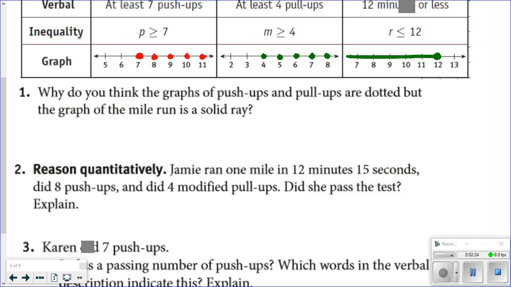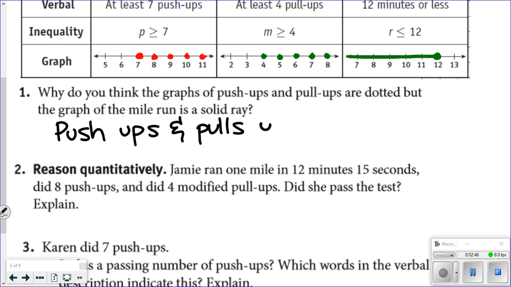So why do you think the graphs of push-ups and pull-ups are dotted, but the graph of the mile run is a solid ray? Well, if you think about how you count, push-ups and pull-ups are completed or counted in whole numbers.